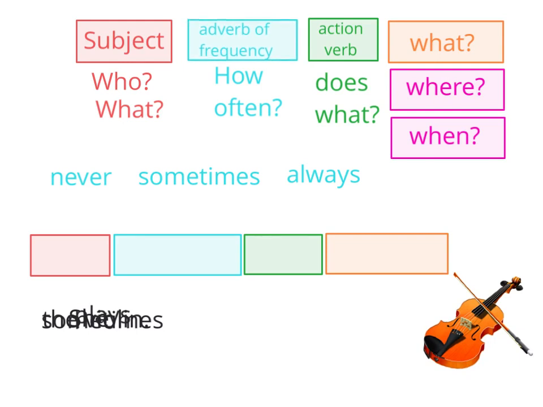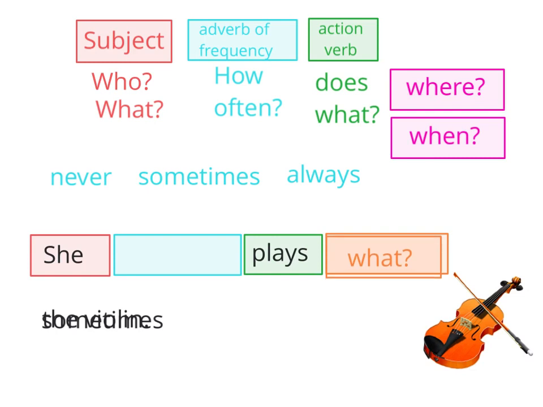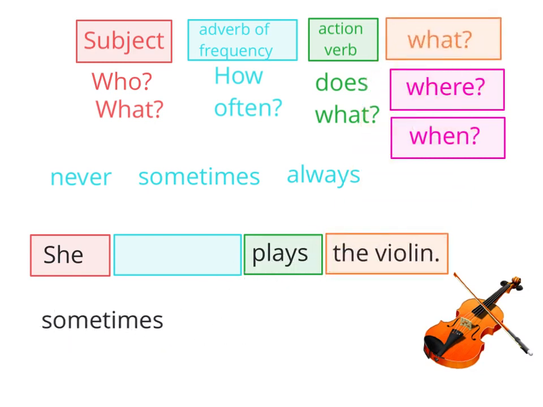Let's see what our sentence is. It's about a girl. She, here's the verb, plays. Now, with this verb, plays can mean a lot of things. There are a lot of different things that can be played. So we have the question, plays what? And the answer is the violin.